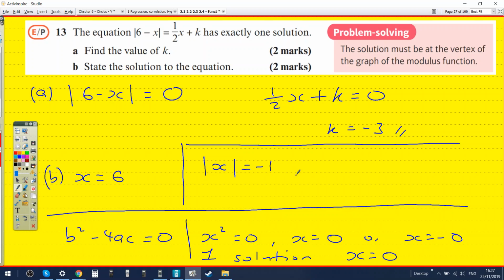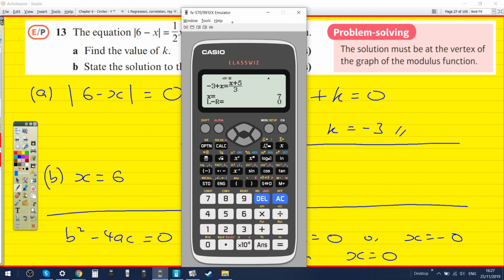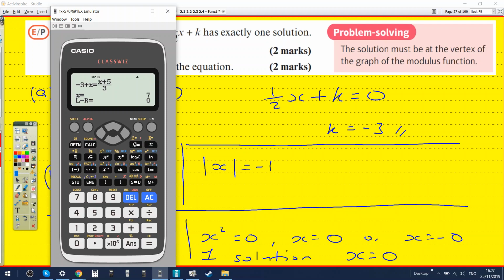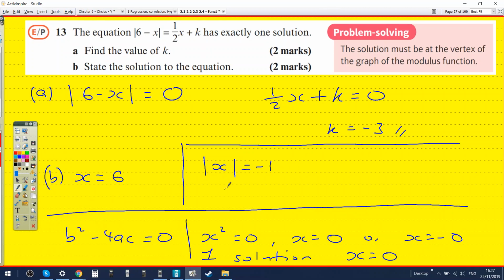Wait, to equal to minus 1? And so is there any number that when you put it in the modulus, you'll get minus 1? No, because the modulus always makes it positive. Correct. So the modulus of x is always greater than or equal to 0. And so this one is like no solutions.